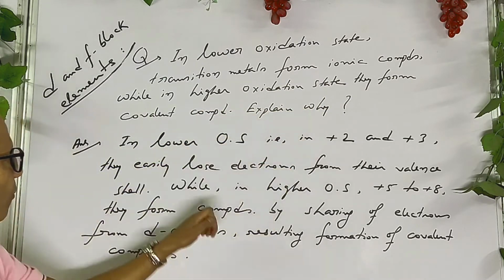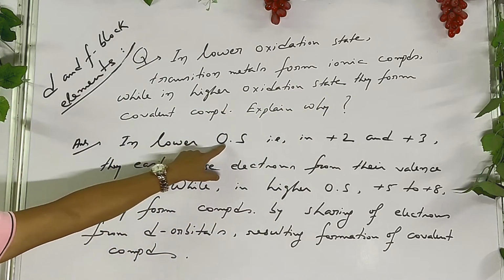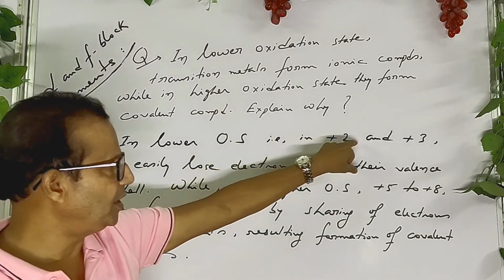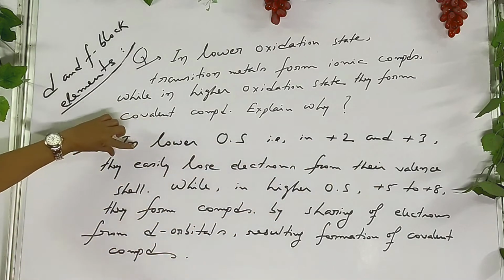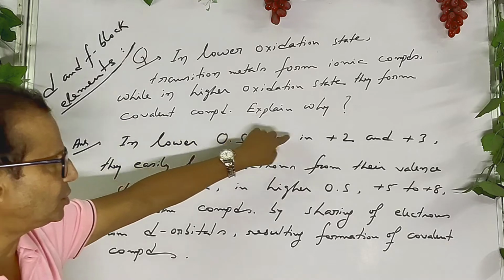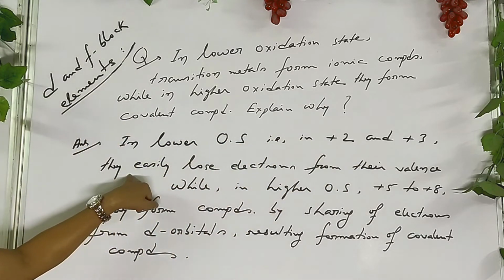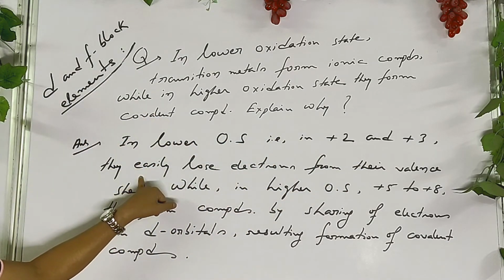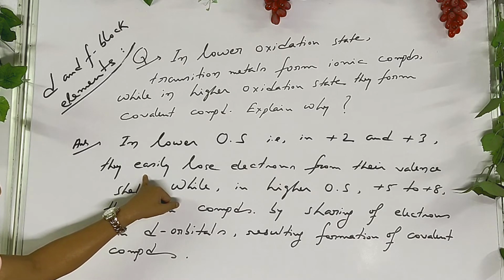Explain why. In lower oxidation state, that is in +2 and +3, they easily lose electrons from their valence shell, because you know that the valence shell is very far from the nucleus. So to remove the valence electron, low energy is required.